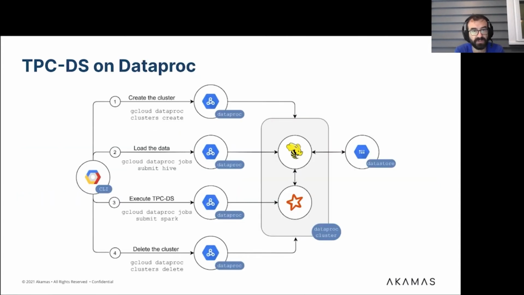As I said before, Dataproc allows us to easily create a Spark cluster and execute Spark jobs. Moreover, thanks to the Google Cloud CLI, it is possible to define a fully automated and repeatable process to execute the benchmark by first creating the cluster, then loading the data from an external data store into Hive, executing the benchmark, launching the Spark job, and finally deleting the cluster.